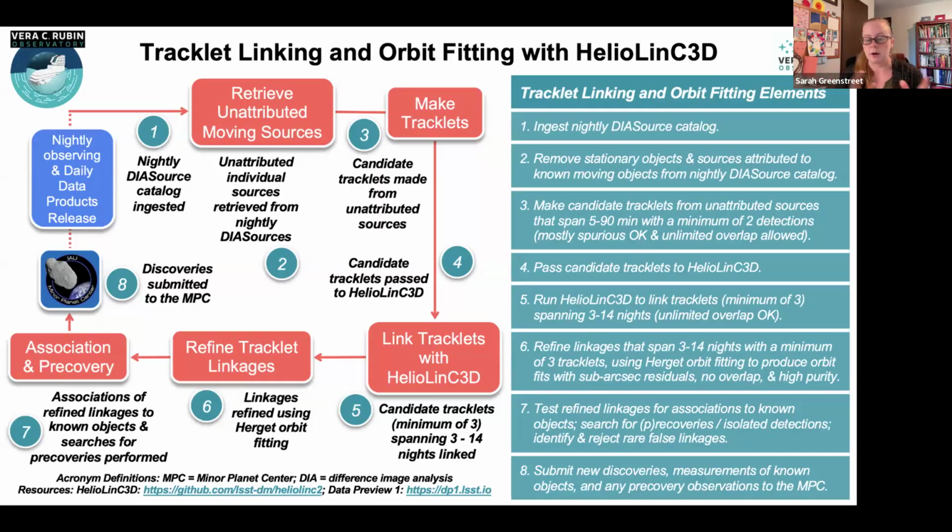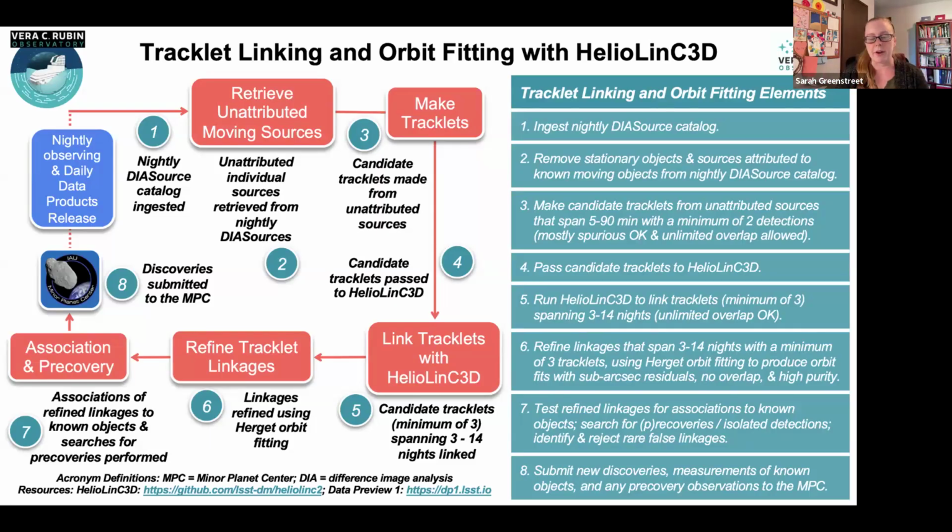Once the linkages are made, then they're passed to a function called link purify that will refine those tracklet linkages, doing things like orbit fitting, and outlier rejection and deduplication and things like that. Then the refined linkages are run through a process of associating them to any known objects, as well as searching for any precovery observations that Rubin may have made of those specific objects. And then all of those associations and all of the discoveries are submitted to the Minor Planet Center.